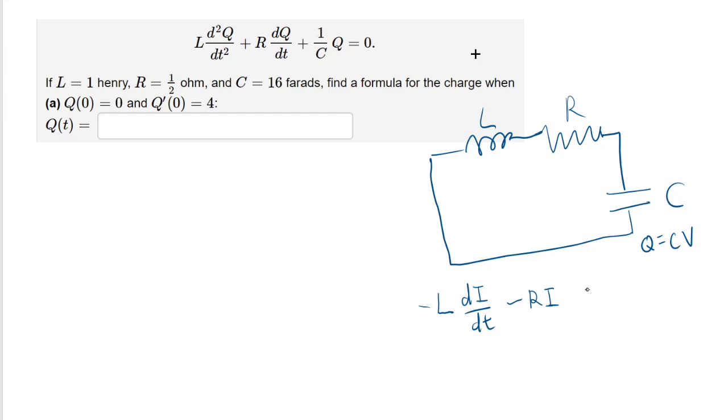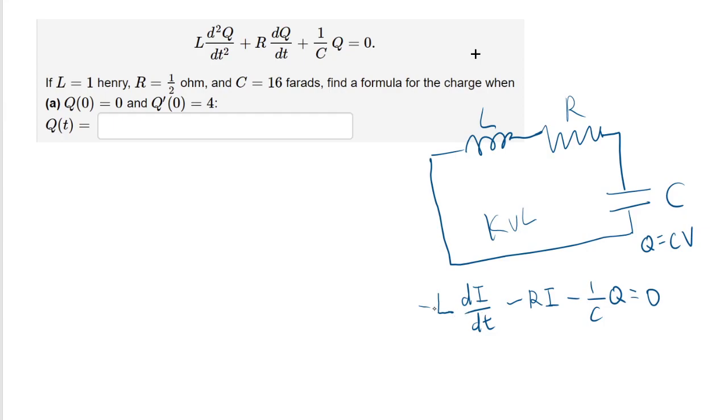So if you solve this for V, the voltage drop can be computed as 1 over C times Q, just by dividing by C on this side, right? And because of Kirchhoff's voltage loop law, usually called KVL, we see that this has to equal 0.